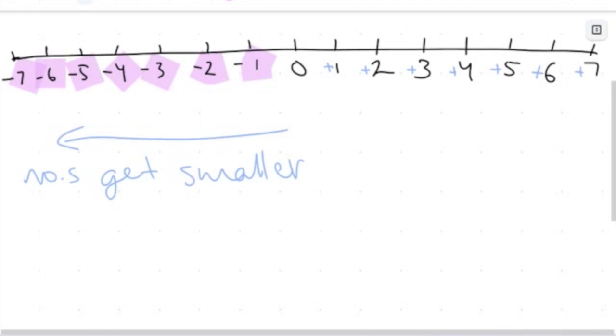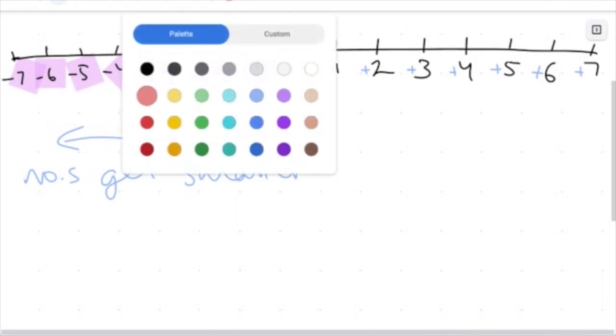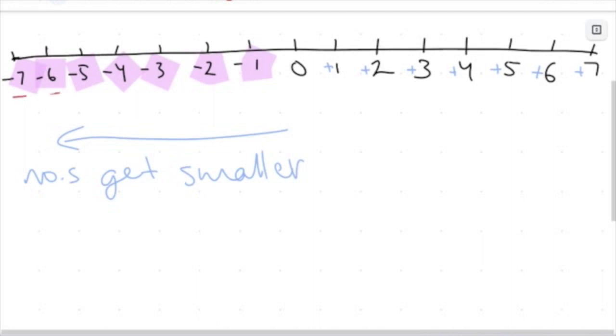But I want to talk about this for a minute because it's important to understand, and what confuses a lot of students is that as we look from 0 to the left, the numbers look bigger. But because of these negatives, because we're looking in the negative direction, they're actually getting smaller.